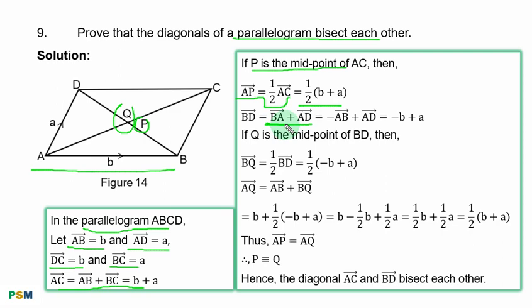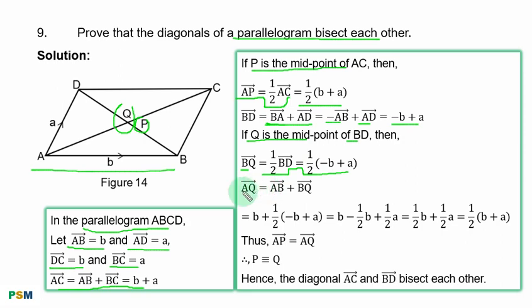Vector BA is equal to minus vector AB, then plus vector AD, and you have minus b plus a. If Q is the midpoint of BD, then vector BQ is equal to half of vector BD, and you have it in this form.